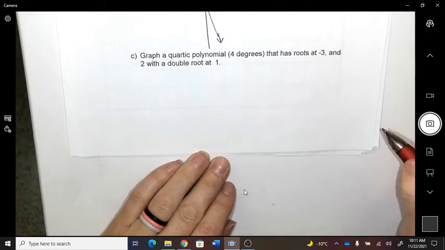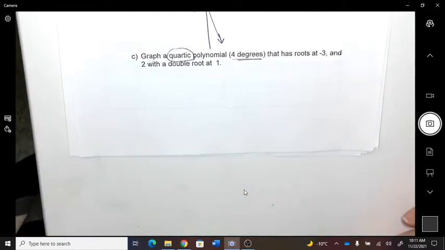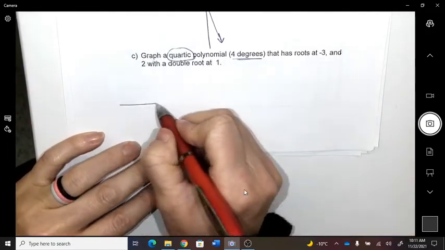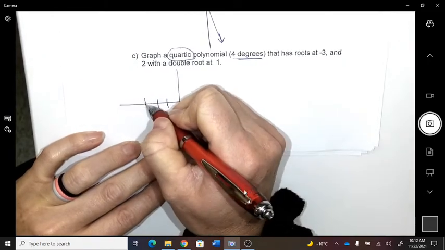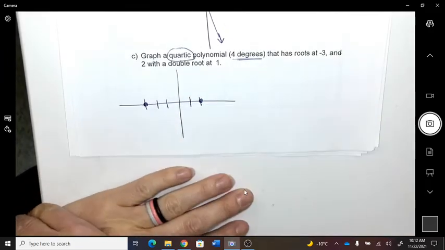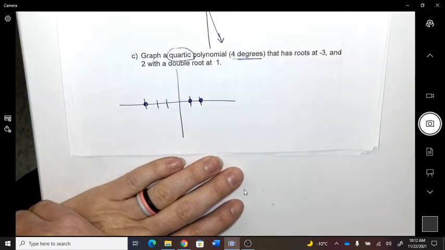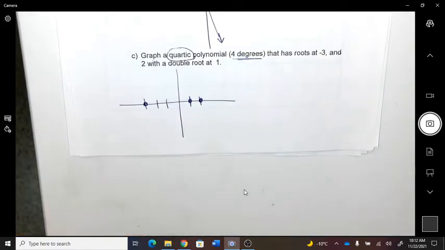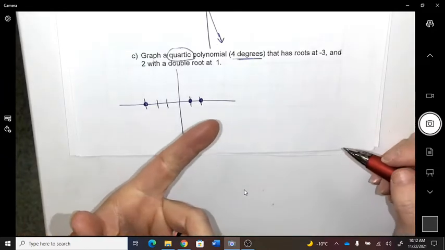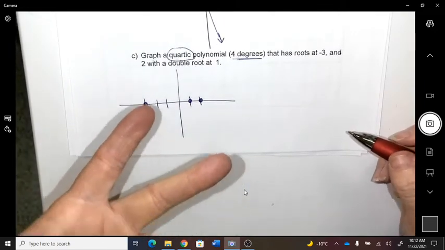Okay, graph a quartic. Do you know what that word means? Oh, it tells you. 4th degree. The roots are at -3, at 2, and a double root at 1. This one hasn't told me anything about my coefficient, so I'm going to assume it's 1. Otherwise, you might get some info.